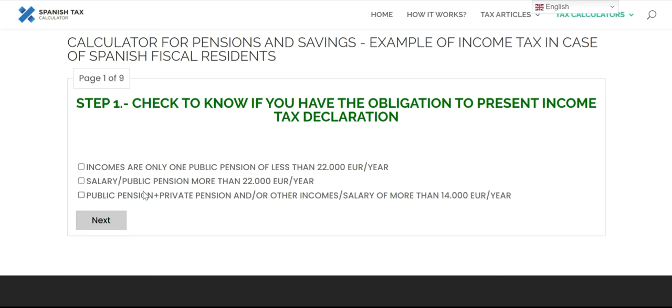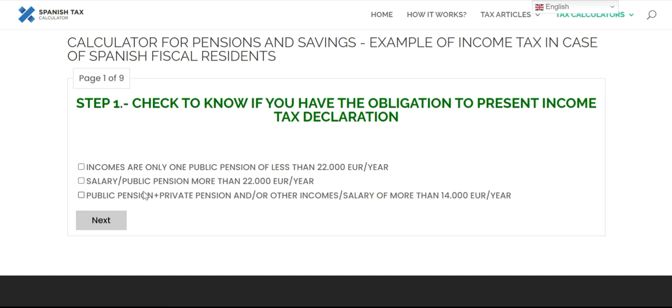Because in this system, the income that you generate as a Spanish tax resident will be a part of your yearly income tax return, your inland revenue. So it will not be a separate specification of taxes to pay.